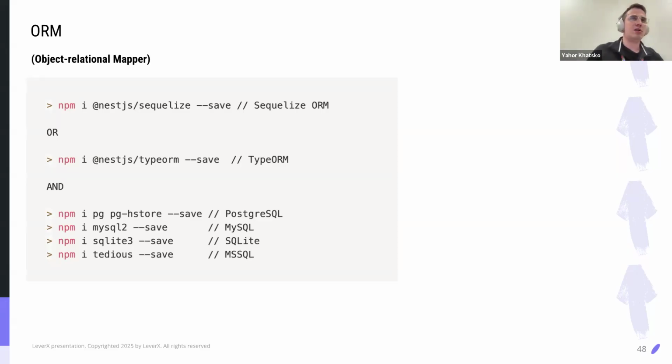In my application, we are using just Sequelize, not the Nest.js Sequelize. And you should also install the packages related to the database that you are using, so Postgres, MySQL, SQLite, or for example MS SQL.